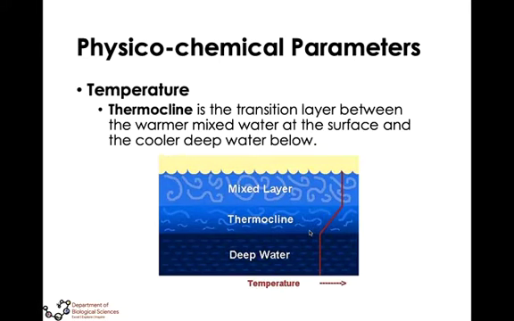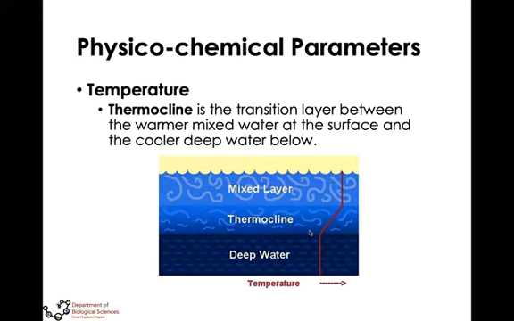To the terrestrial or the effect of temperature to the terrestrial environment. Temperature is also very important in bodies of water since it determines what we so call the layering of water.